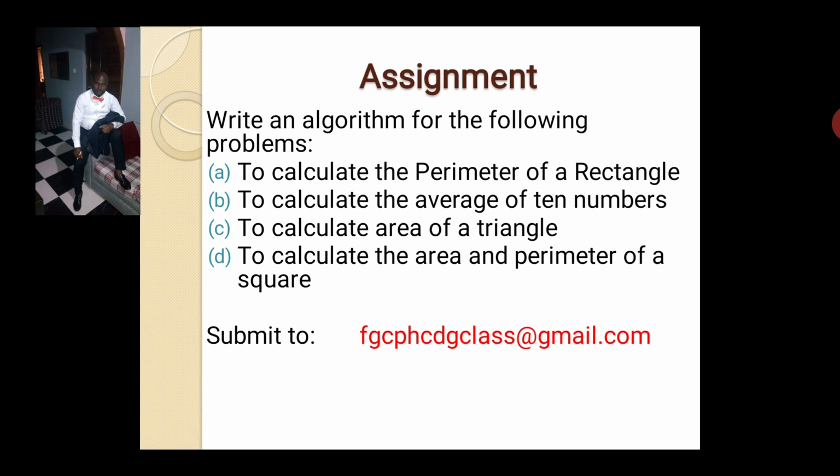For you to do this effectively, you must know the formula in order to write the algorithm. Now, the algorithm is what will help you to write the program. Like I told you, it's just a step-by-step process of solving a problem. After this you do this, after this you do that. Before you know it, you get to the solution. That's what algorithm is all about.